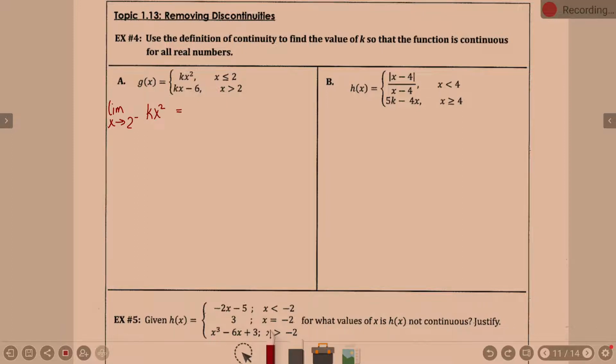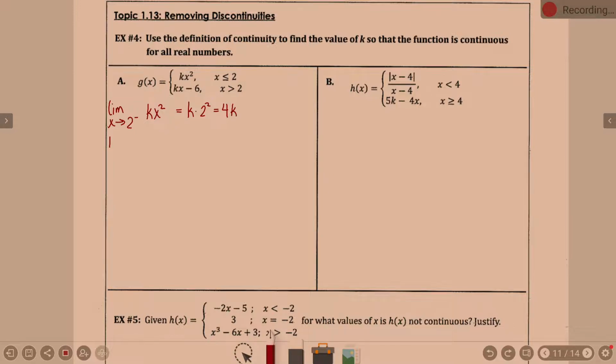So, algebraically, what is the limit as x approaches 2 from the left of kx squared? Okay, we plug the 2 in for x, because k is an unknown value. So this is k times 2 squared, which really equals 4k. So hold that thought. The limit from the left is 4k.